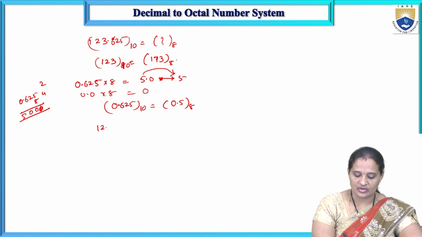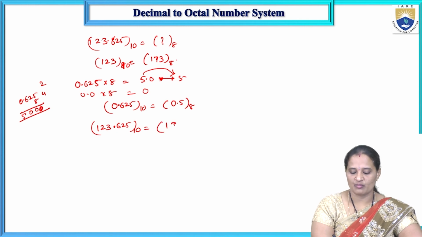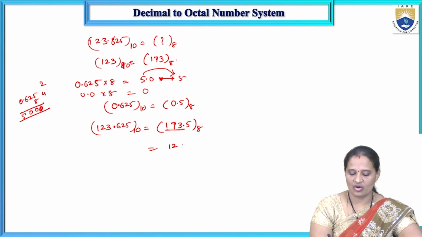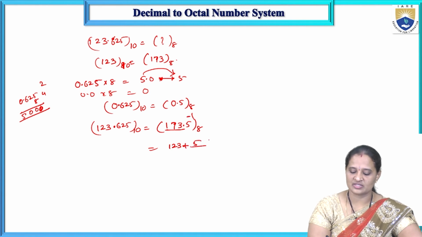So now 123.625 can be converted into octal as 173.5. This is the octal. So already we have done this. How much have we got? 123 plus 5 into what is the positional weight? Minus 1, right?